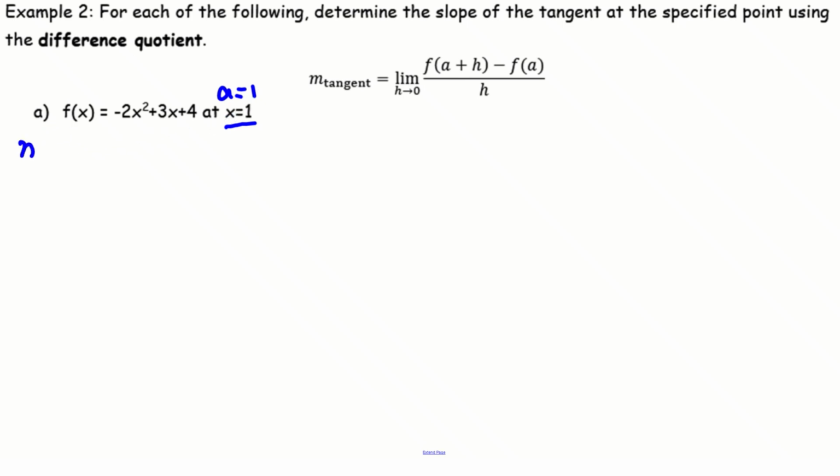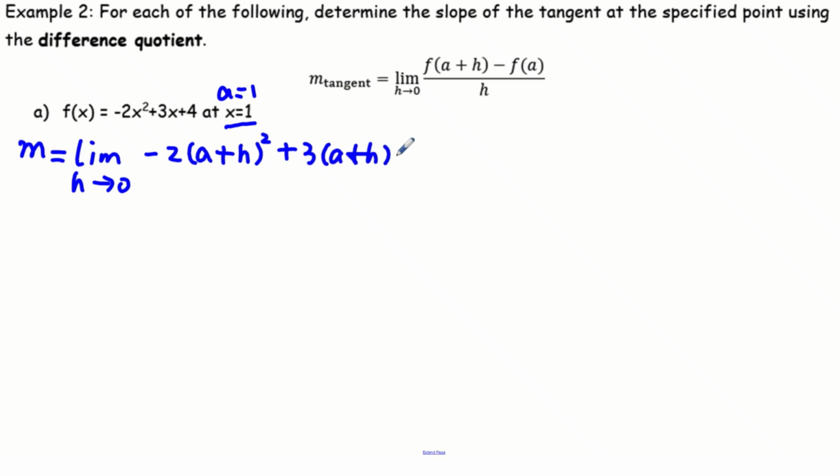So m equals limiting value as h approaches 0, then -2 bracket a plus h bracket squared plus 3 bracket a plus h plus 4 minus bracket a value sub in x equals a, plug in a for x, so -2a squared plus 3a plus 4.